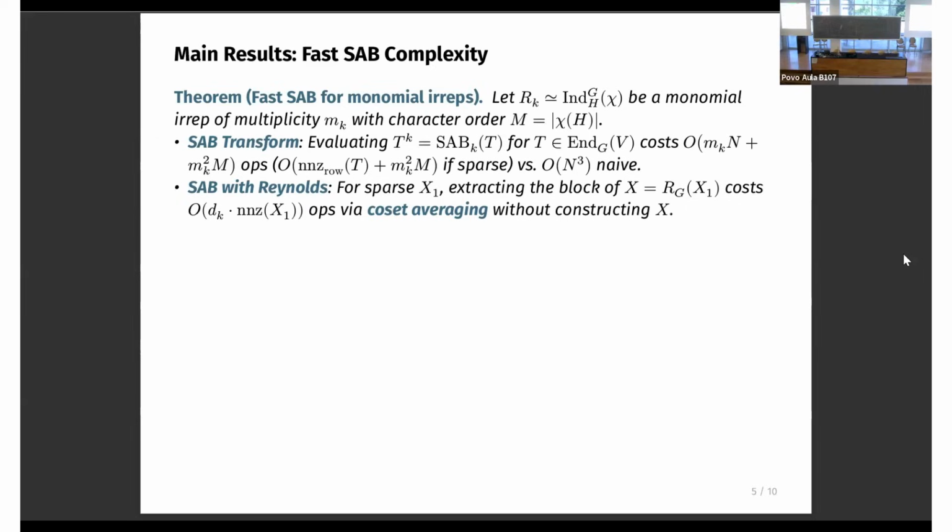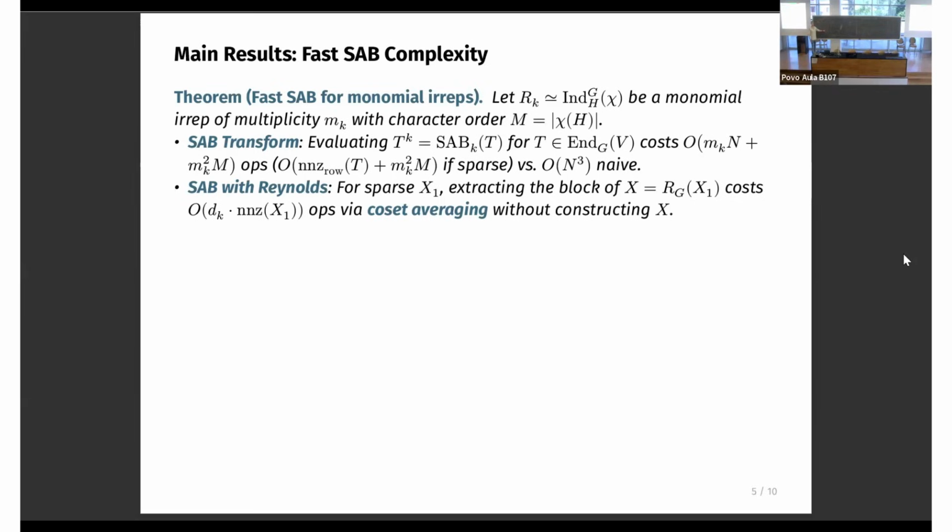For the sparse case, you can see similar reductions, and in the end you can go a step further and compute the subtransform and the Reynolds operator in one.